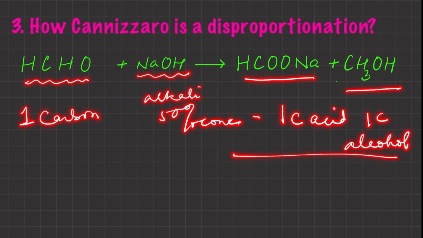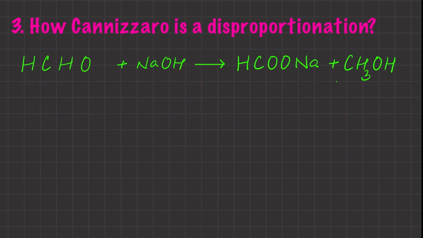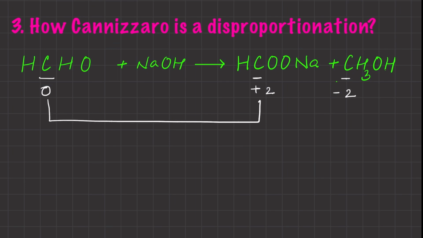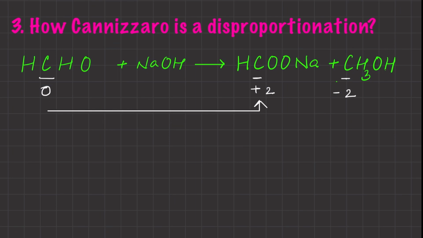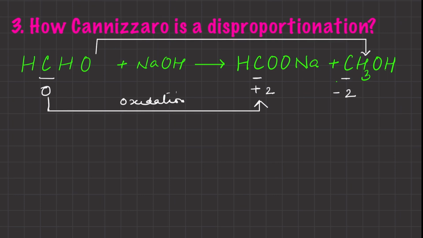So this is Cannizzaro reaction, but how it is disproportionation, let us find out. Now if you look at the oxidation state of carbon here, it is coming out to be 0, and here the oxidation state is +2. Here the oxidation state is -2. So from here to here, it's a clear-cut case of oxidation. Formaldehyde to methanol is a clear-cut case of reduction. Hence, it is a disproportionation reaction.